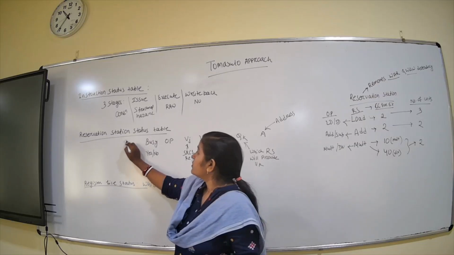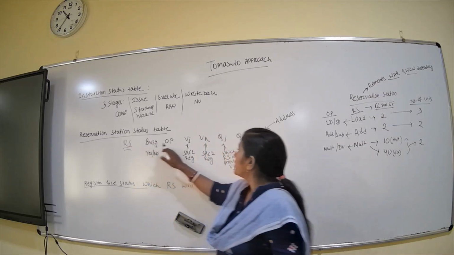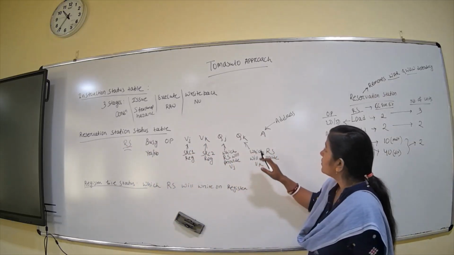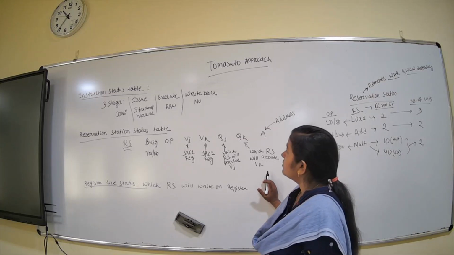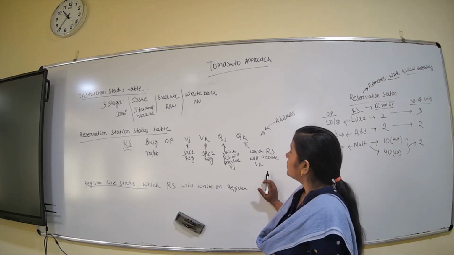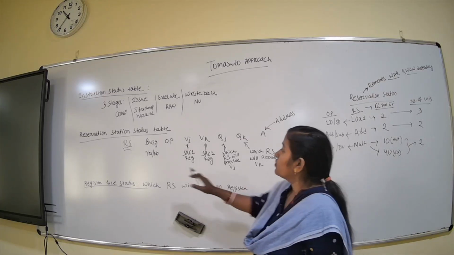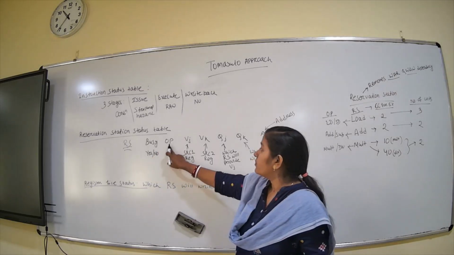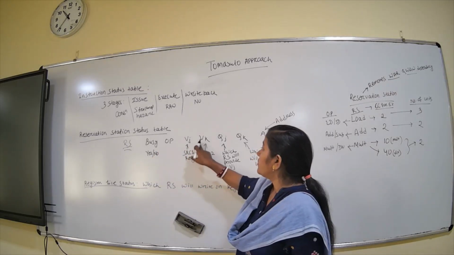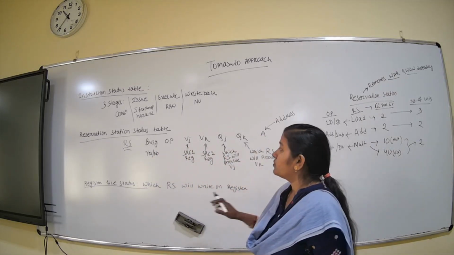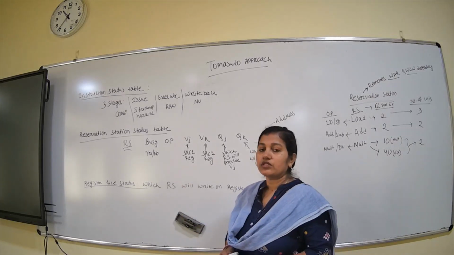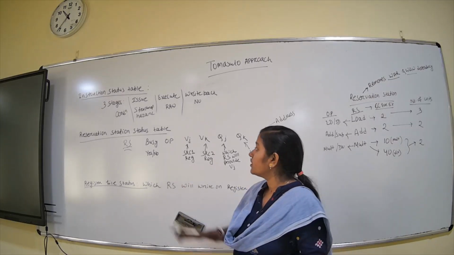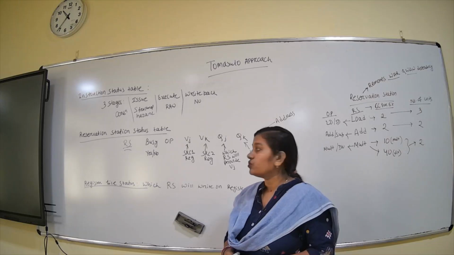For the reservation station status table, there are 7 fields: Busy, then Operation, Vj, Vk, Qj, Qk, A. What is Busy? Whether the reservation station is busy or not, yes or no. Operation is what type of operation it is doing.